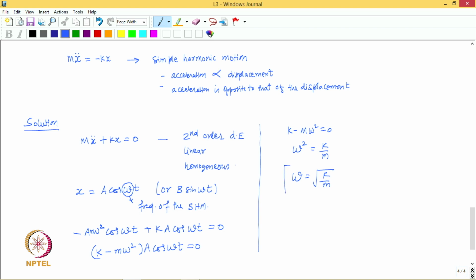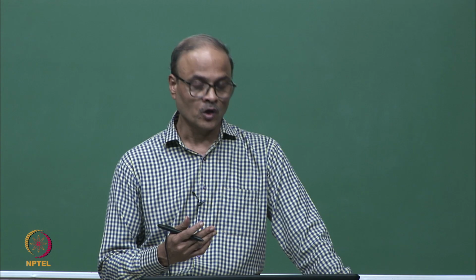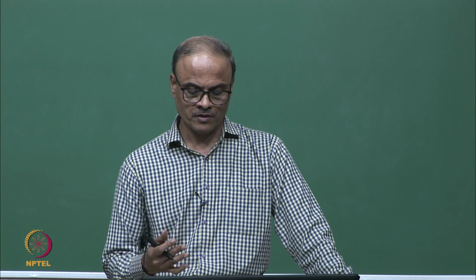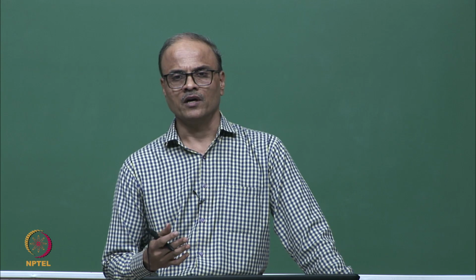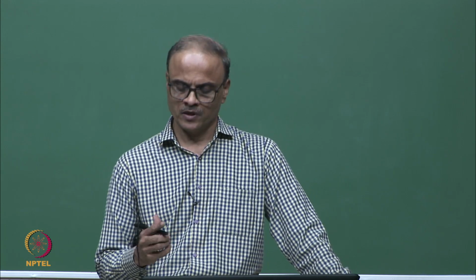So the interpretation is that x equal to a cos omega t would indeed represent the motion of the vibratory system if the frequency omega of the motion is under root k by m.